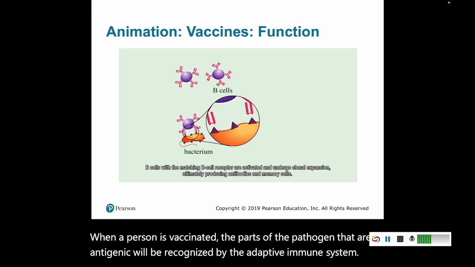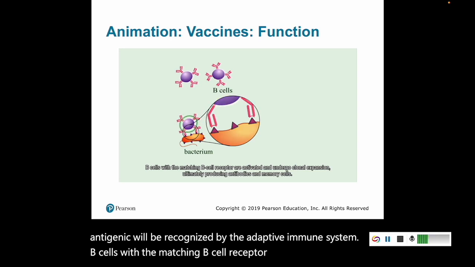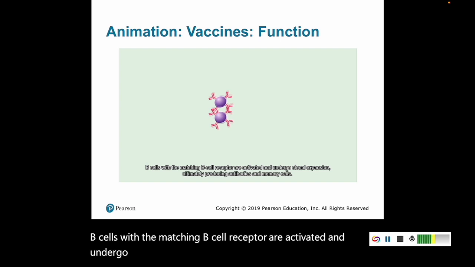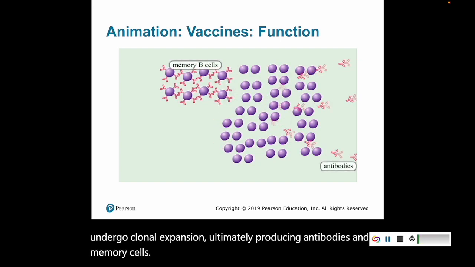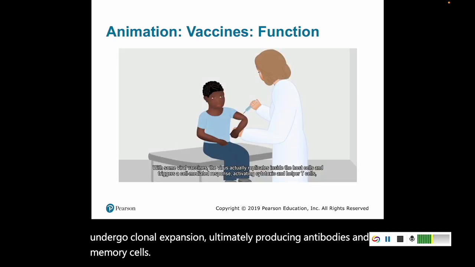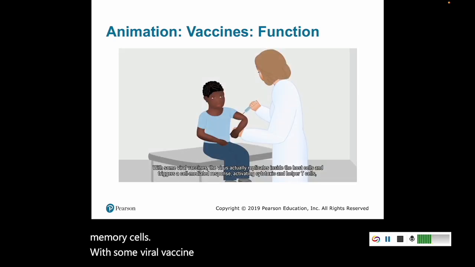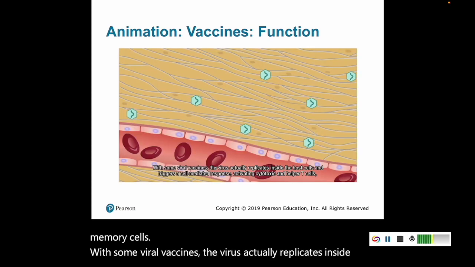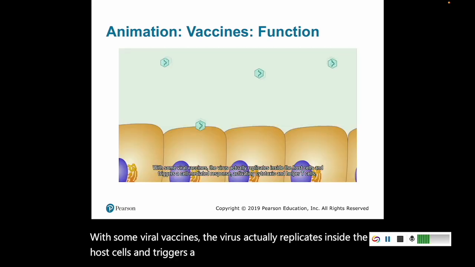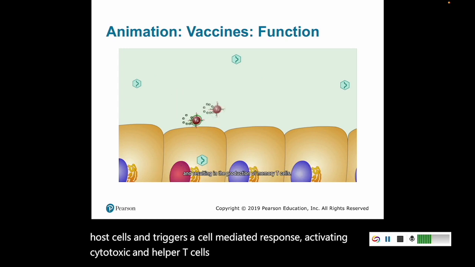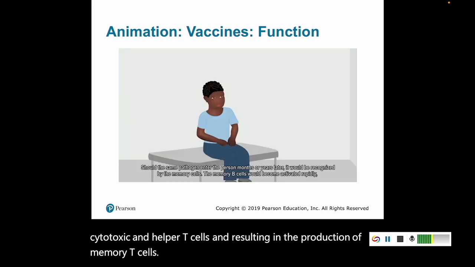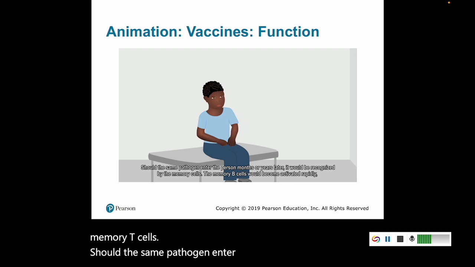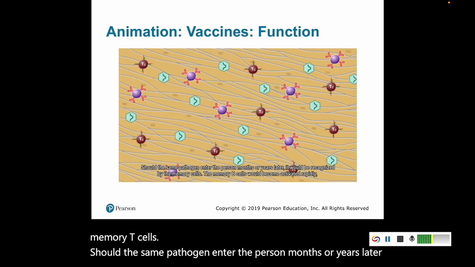B cells with the matching B cell receptor are activated and undergo clonal expansion, ultimately producing antibodies and memory cells. With some viral vaccines, the virus actually replicates inside the host cells and triggers a cell-mediated response, activating cytotoxic and helper T cells and resulting in the production of memory T cells. Should the same pathogen enter the person months or years later, it would be recognized by the memory cells.